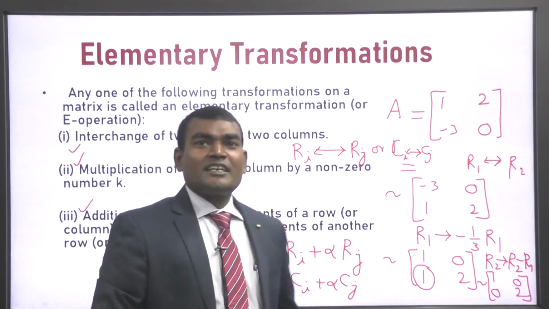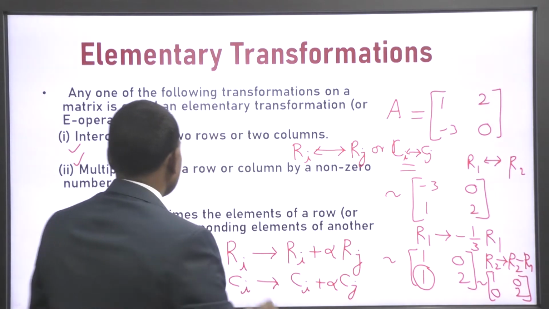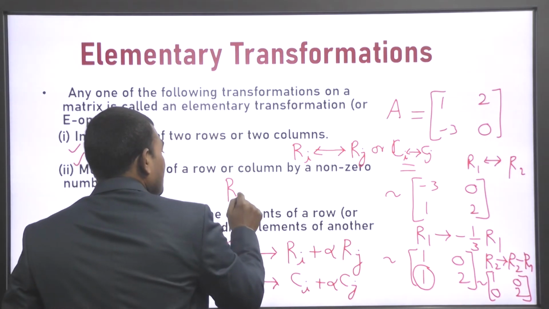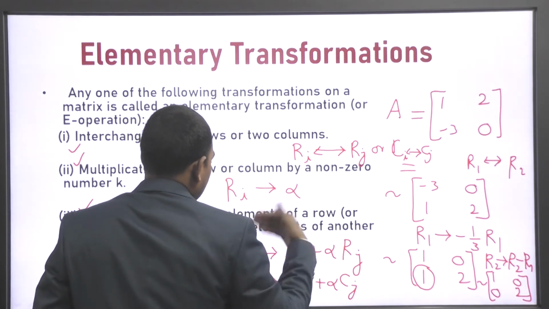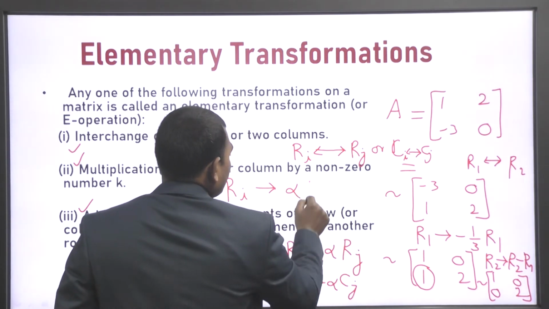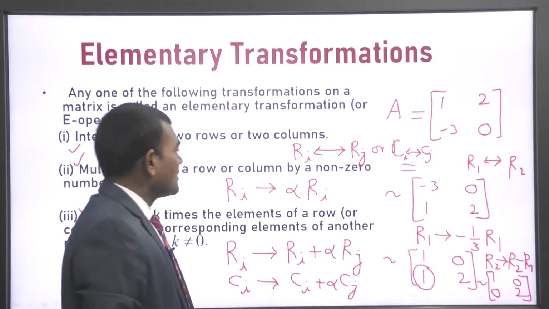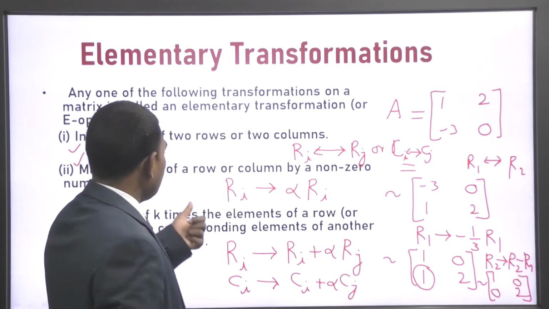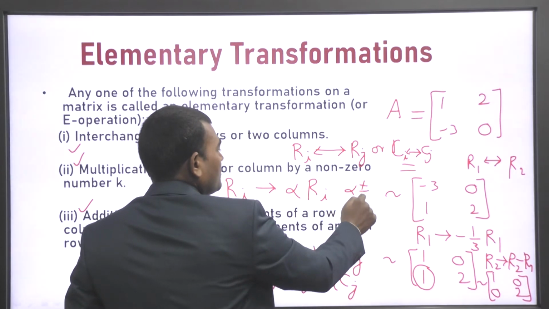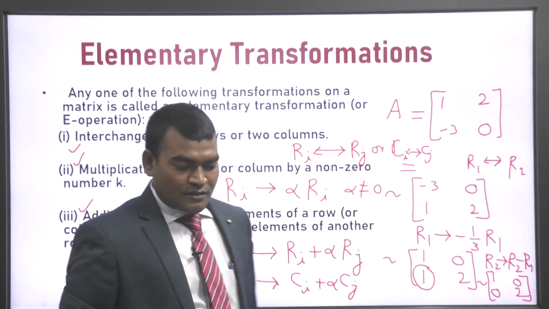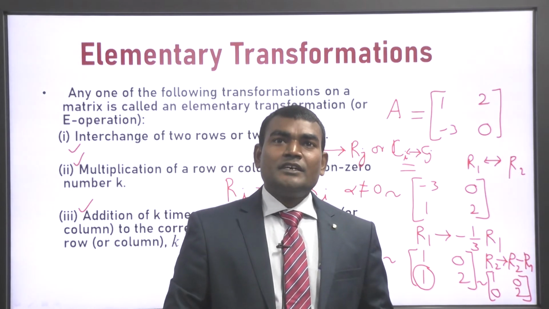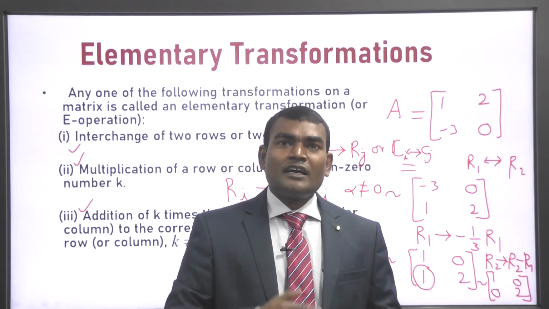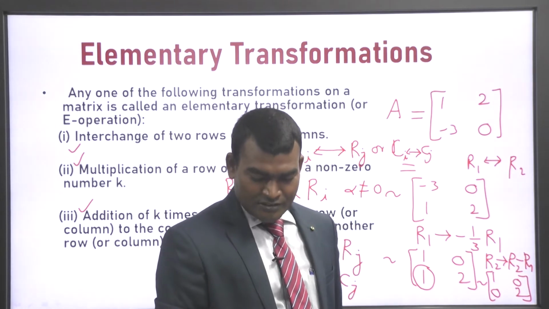These three transformations are known as elementary, and the second can be denoted alpha into Ri, where alpha is not equal to 0. We focus on these three elementary transformations because we apply them again and again.